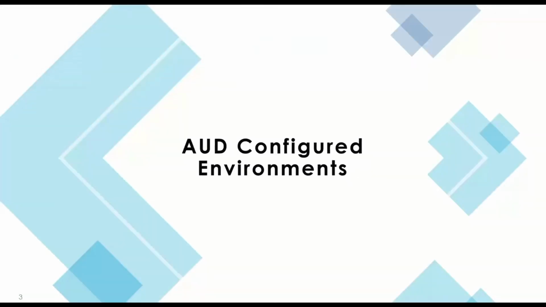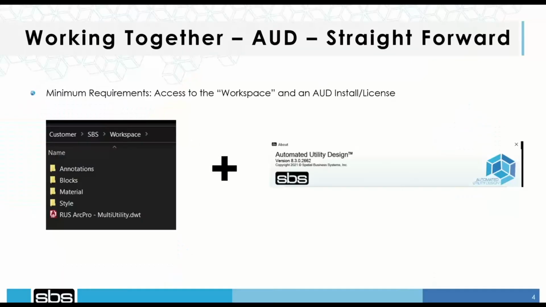So when you break it down, there's two different environments that we're discussing. The first one would be an AUD configured environment. It's where a utility already has AUD and has a workspace and a license available of AUD. So it's already configured and has your features and attributes and symbology.